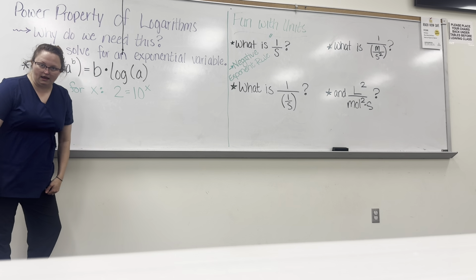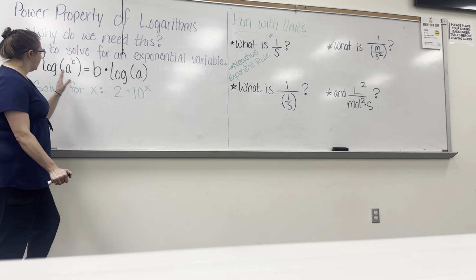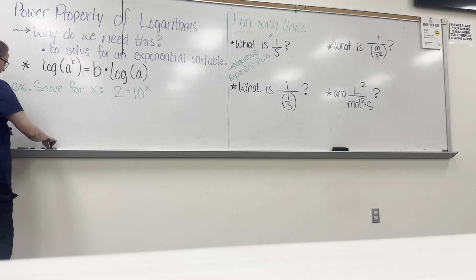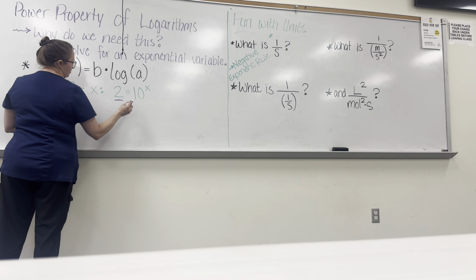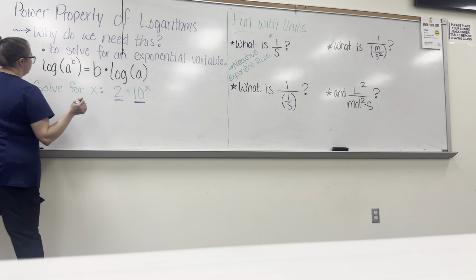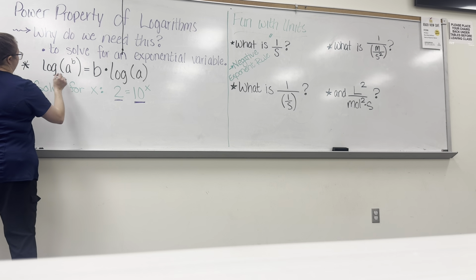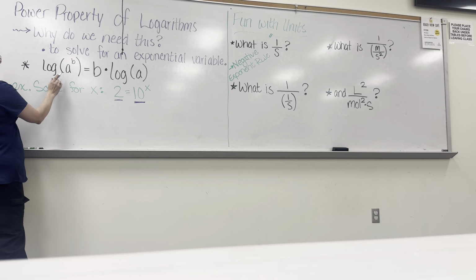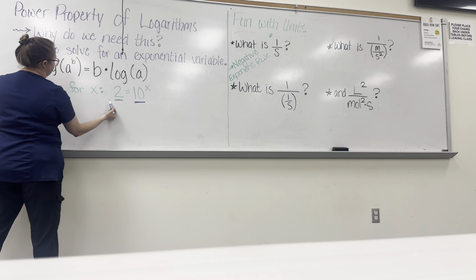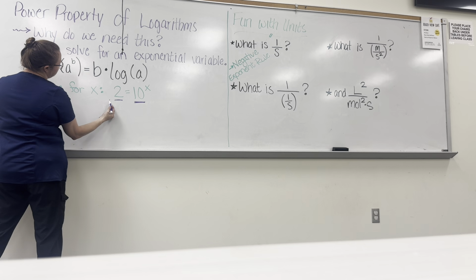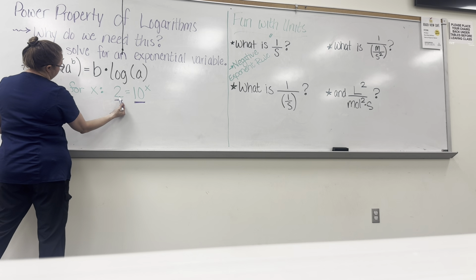Where are we getting a to the b from? Well, a to the b is coming from here and here. So this side, log of a to the b, is going to come from this side, log of a to the b.